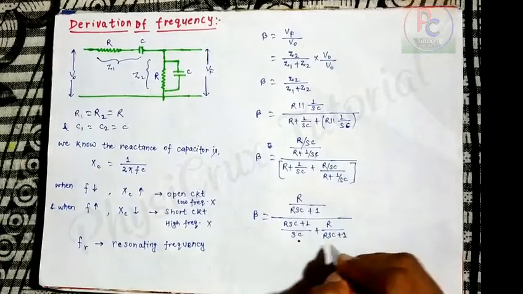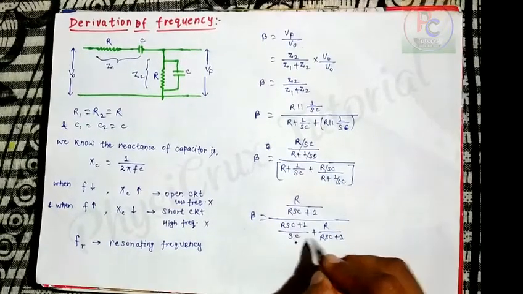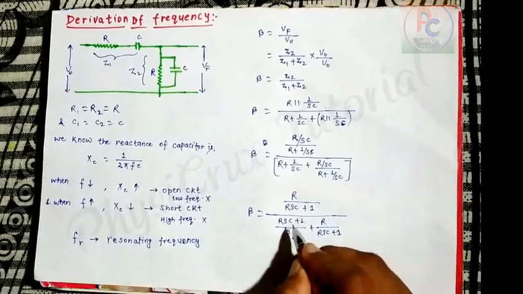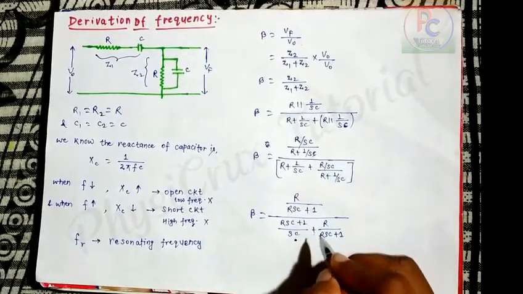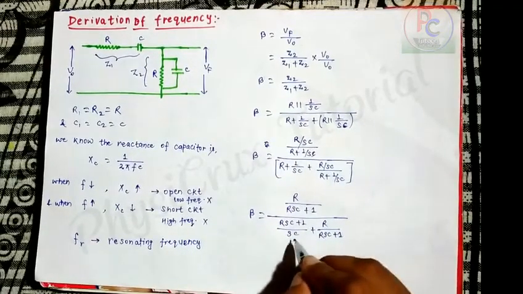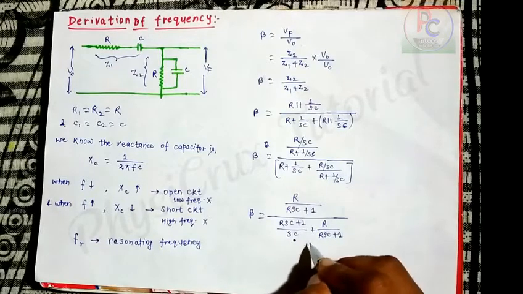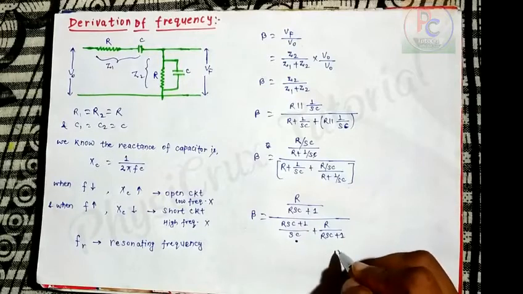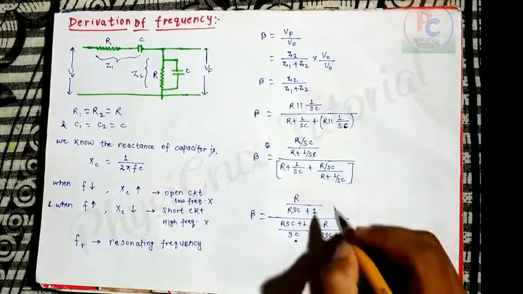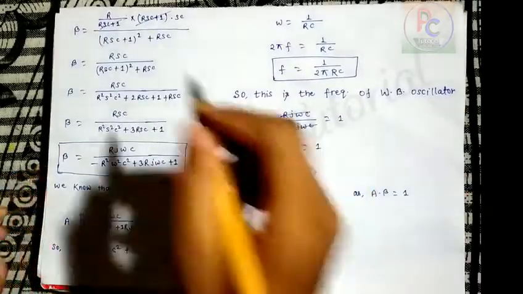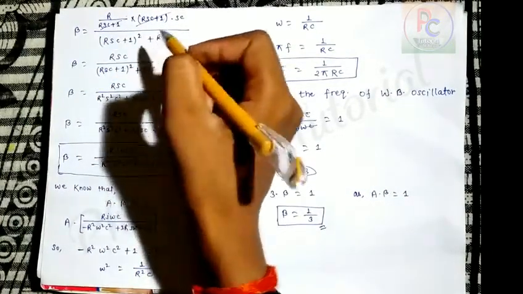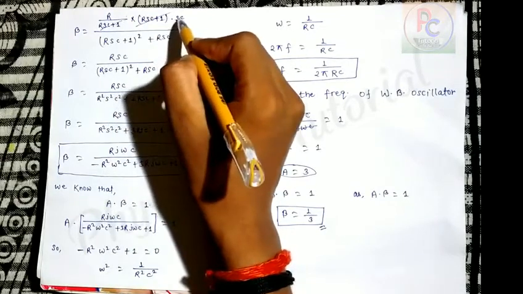Now we take the LCM of SC and RSC plus 1, then it will be RSC plus 1 whole square of RSC plus 1 plus RSC by RSC plus 1 into SC. We can write the denominator term RSC plus 1 into SC here.